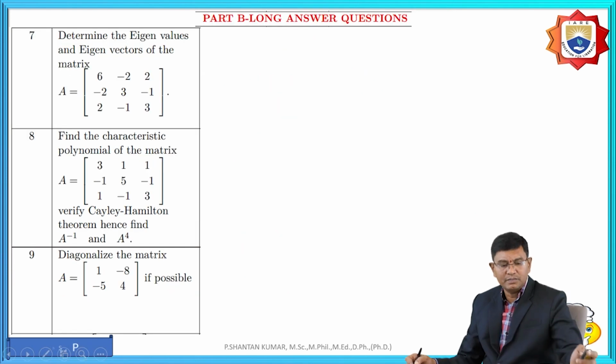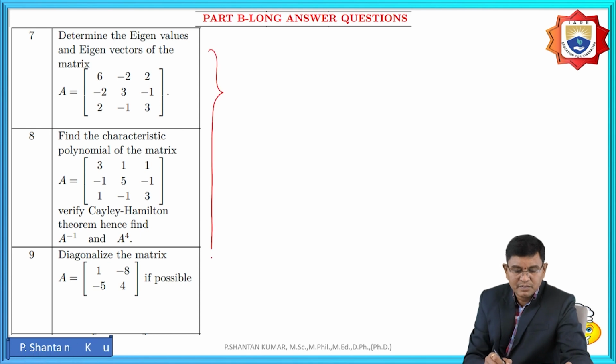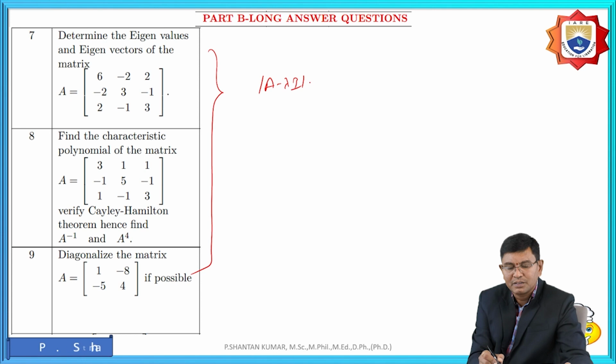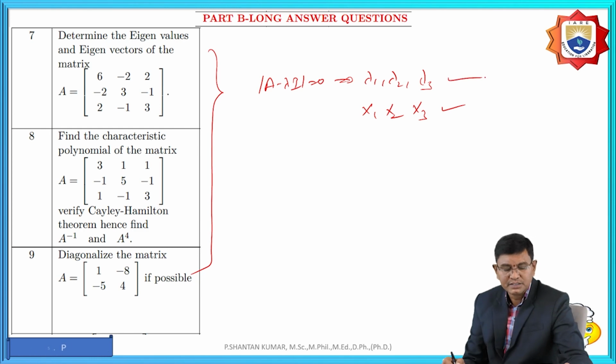And further, eigenvalues and eigenvectors. Here all the conditions are the same. We need to find the determinant of A minus lambda I is equal to 0, and again find lambda 1, lambda 2, lambda 3, x1, x2 and x3. And again eigenvalues and eigenvectors.